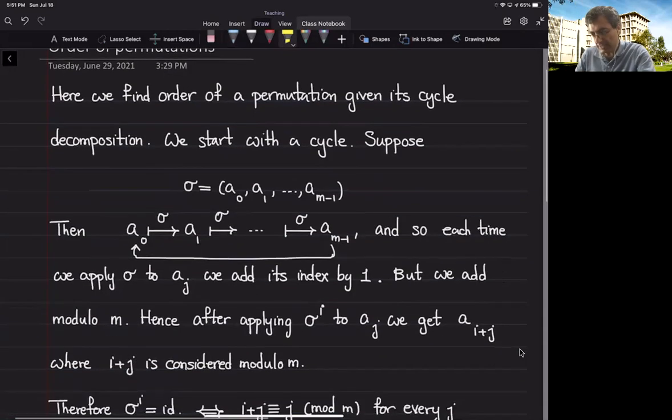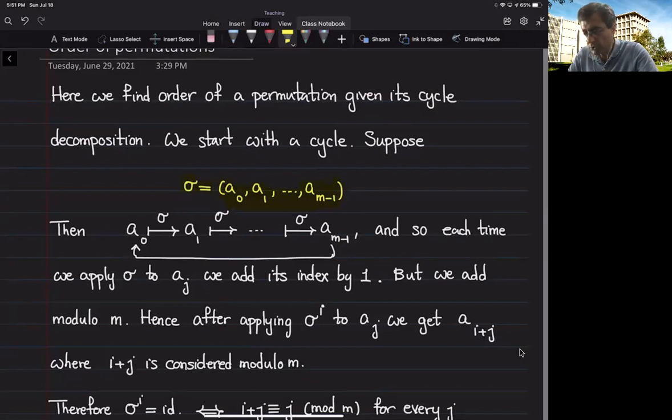Let's say I index this time by 0, 1, up to m minus 1, the elements that appear in the cycle. So sigma sends a sub 0 to a sub 1, a sub 1 to a sub 2, and we go to a sub m minus 1, and then a sub m minus 1 is sent back to a sub 0. I use the indices 0, 1, up to m minus 1 to remind us of integers modulo m.